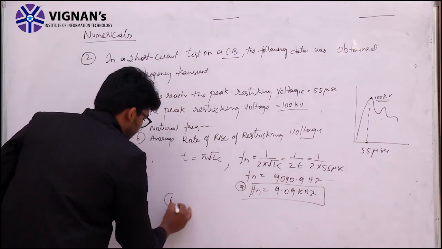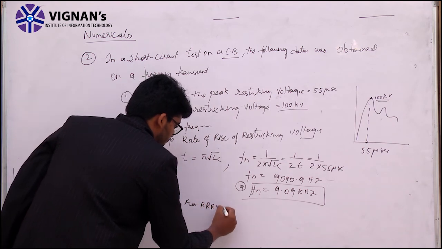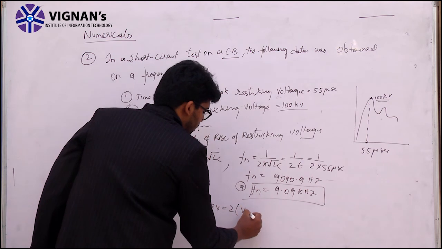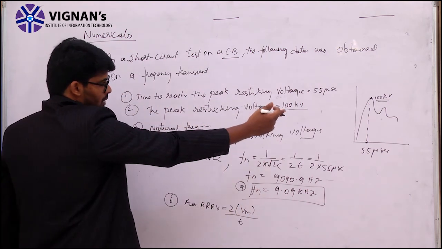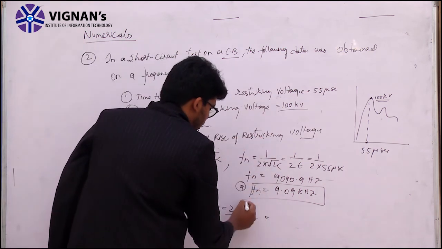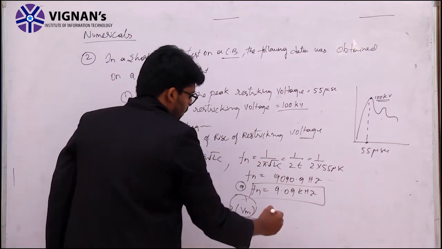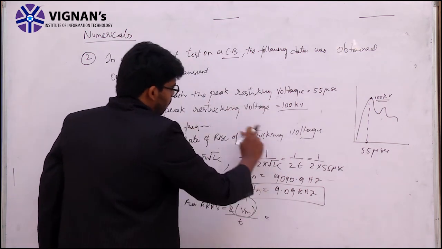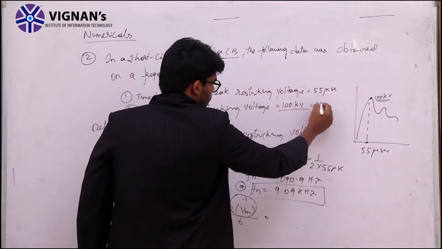I already said that the average rate of rise of restriking voltage is equal to 2 Vm, the system voltage, divided by the time to reach the maximum value. We already know that 2 Vm is the peak restriking voltage, which is given as 100 kV.